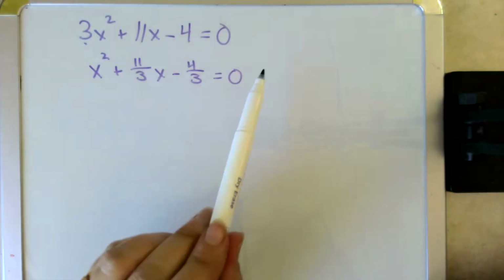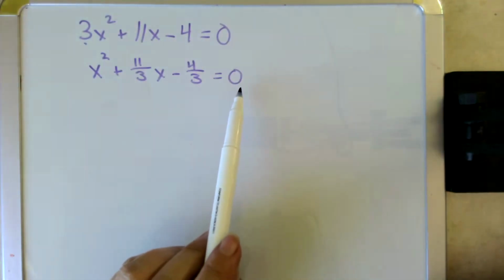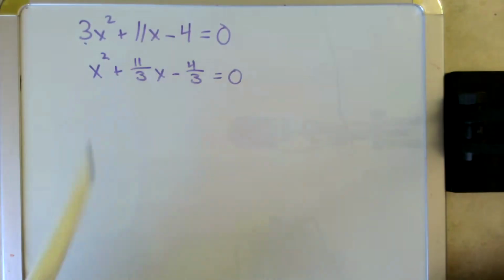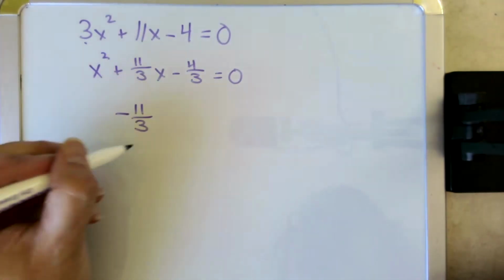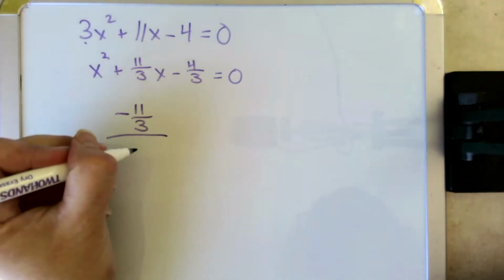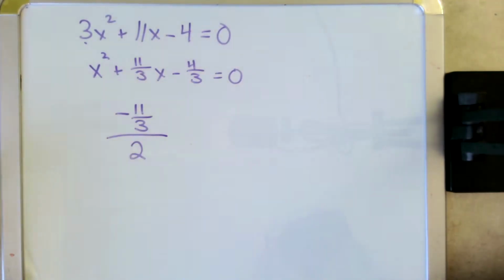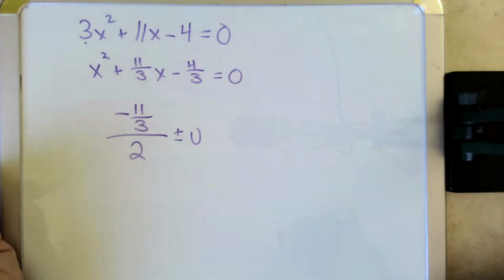When I divide everything by 3, my 0 remains 0, and the rest of them become over 3, and this becomes 1. Now I go back to my way of starting: equidistant from negative b over 2a, that will be negative b over 2 times a, which is just 2, plus or minus some distance.